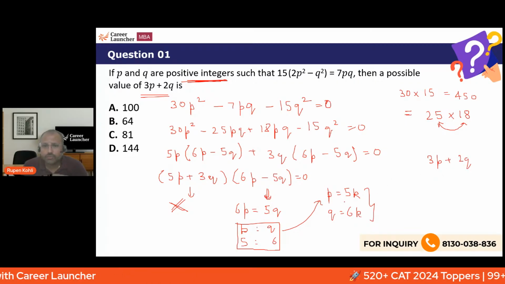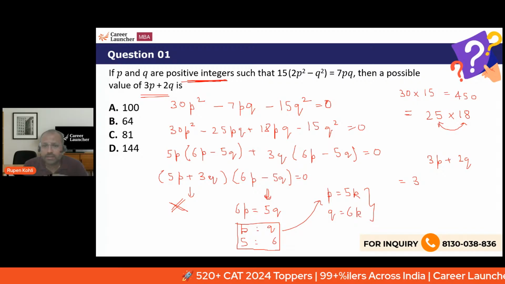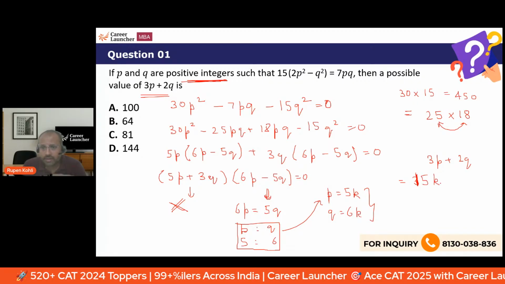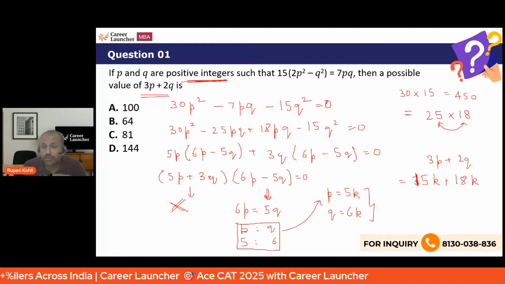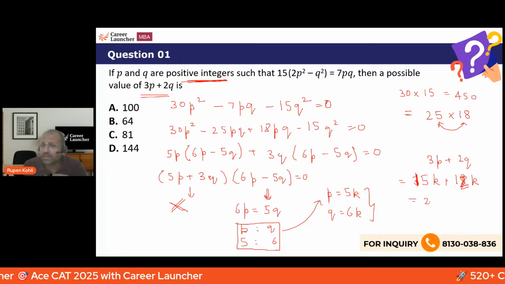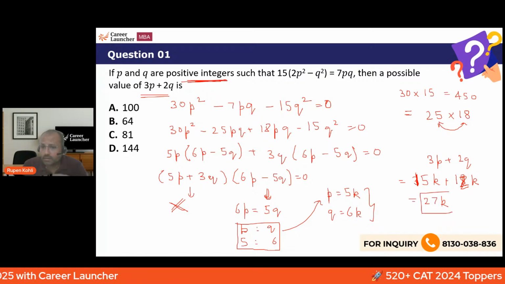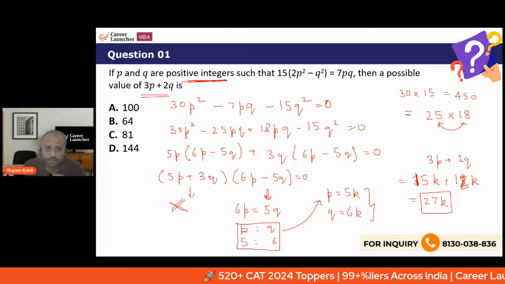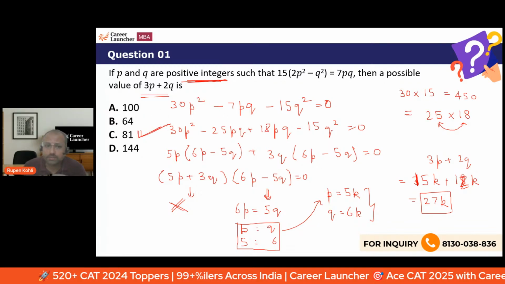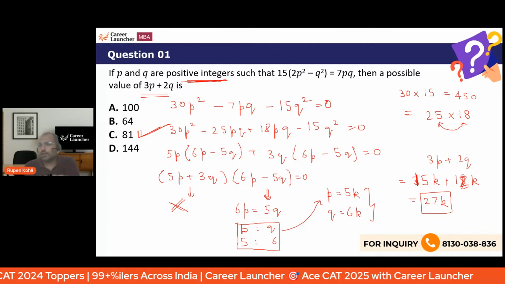Taking these parameters, I can say 3p means 3 into 5, so 15k, and 2 into 6, so 12k, sorry, 15 and 12. So this is coming to be 27k. So therefore, I am able to understand it must be a multiple of 27. So therefore, my option C becomes correct. 81 is possible. Others are not.